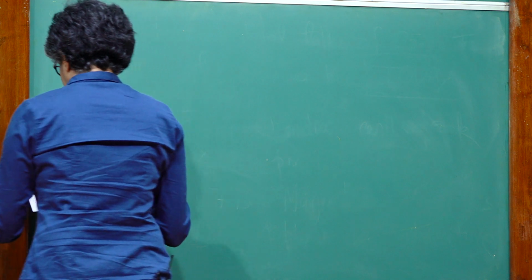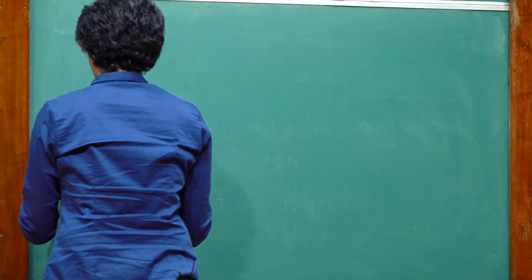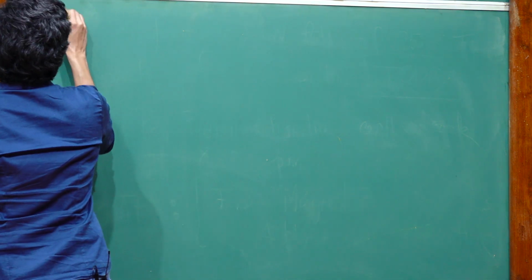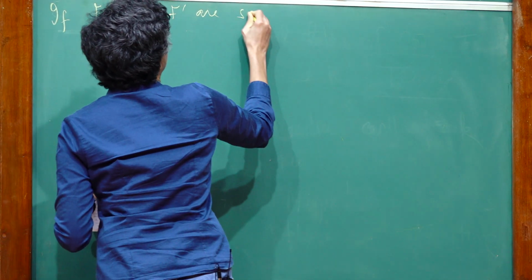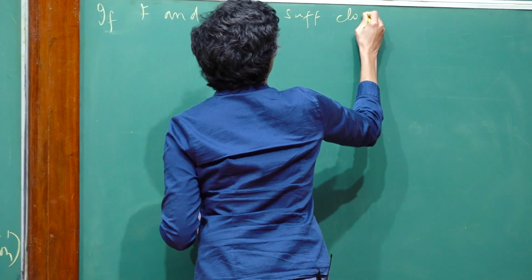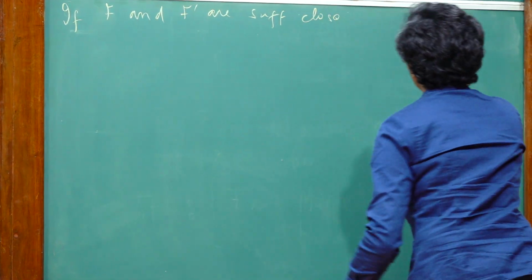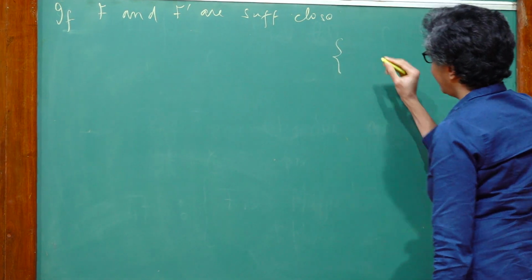Okay, so what this leads to is the following. If F and F prime are sufficiently close, then you can look at this picture.